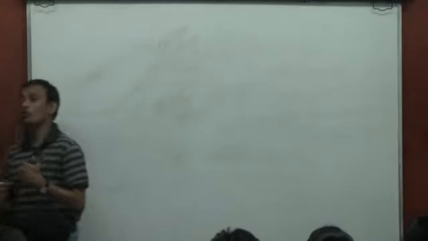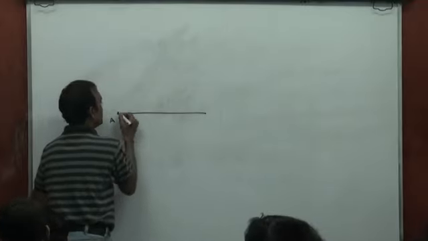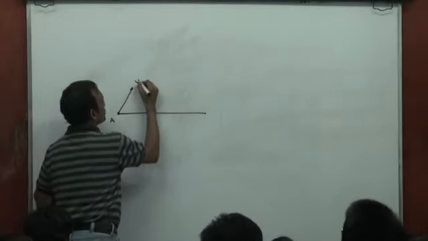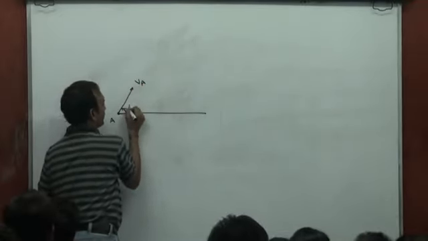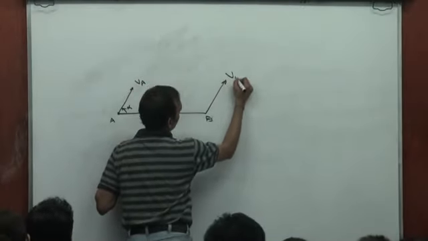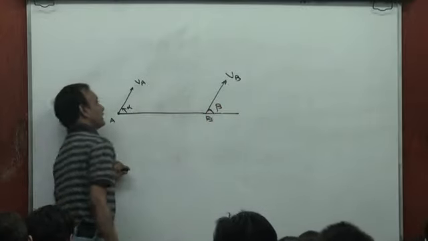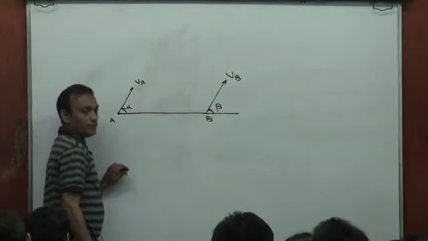To calculate the omega of a rigid body, all that was required was velocities of any 2 points on the rigid body. For example, if A was a certain point having a velocity VA, making an angle alpha with the line joining A and B, and B had a velocity VB, making an angle beta with the line joining A and B, right?